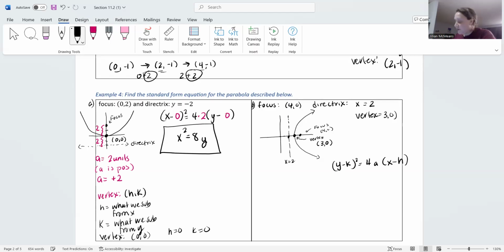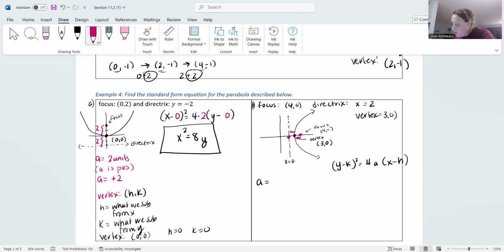So let's find a. This distance from here to here and from here to here, that is a. So I know from this ordered pair to this ordered pair, that is twice a.